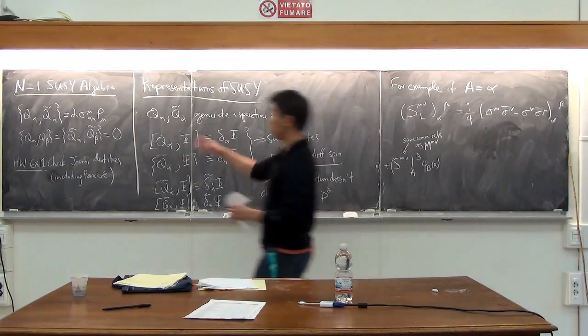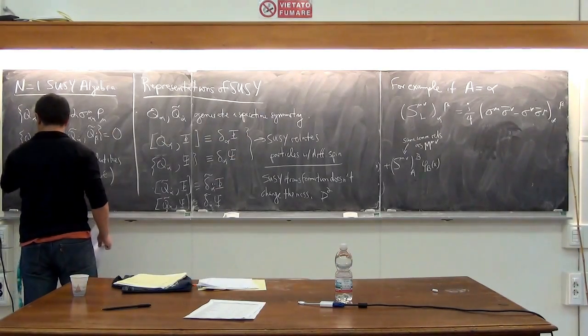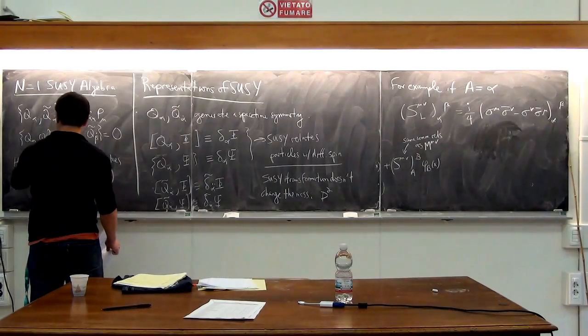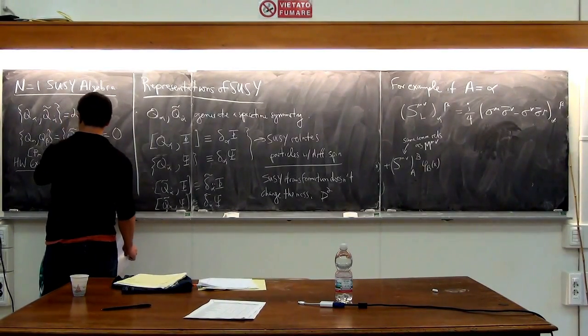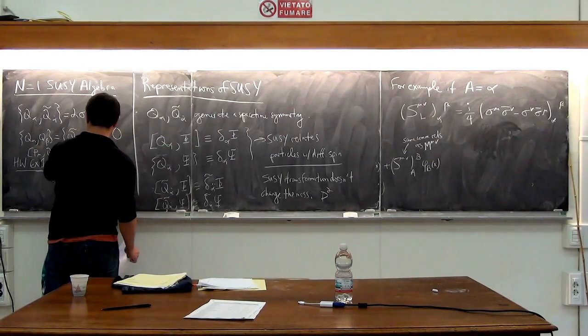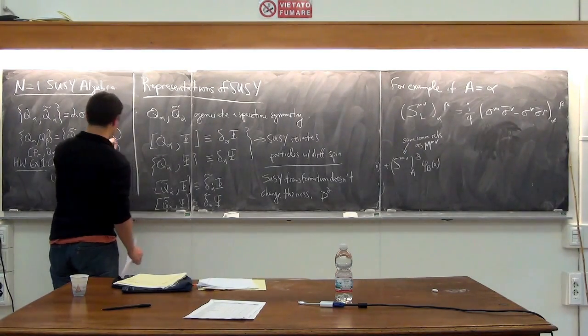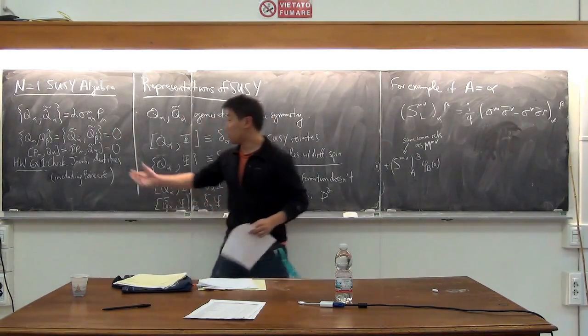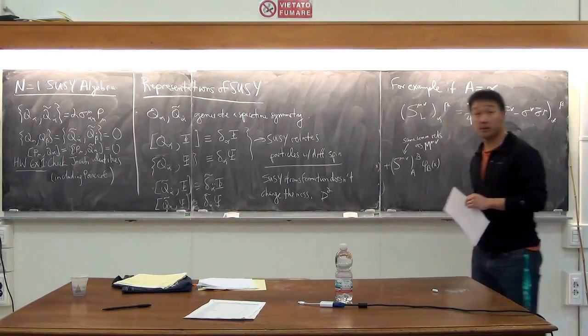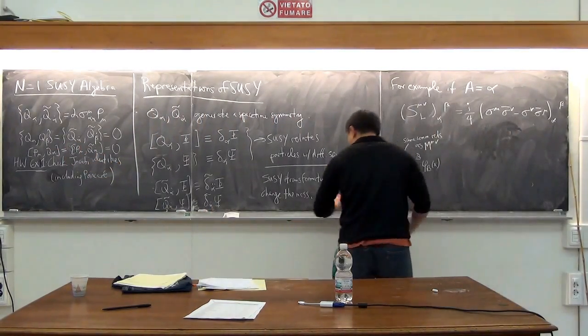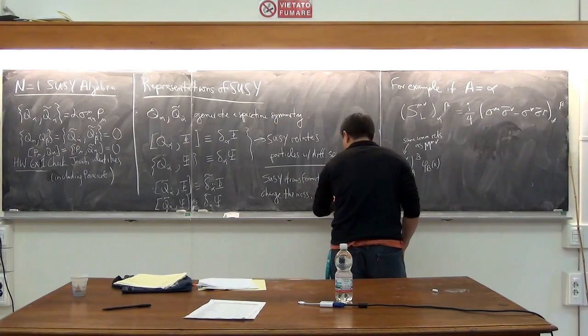And well, I didn't write it here, but another part of the SUSY algebra is that p mu, as we said in last lecture, commutes with all the supercharges, right? So these are mutually compatible operators, in the language of quantum mechanics. So since p mu commutes with all the Q's, p squared also does.